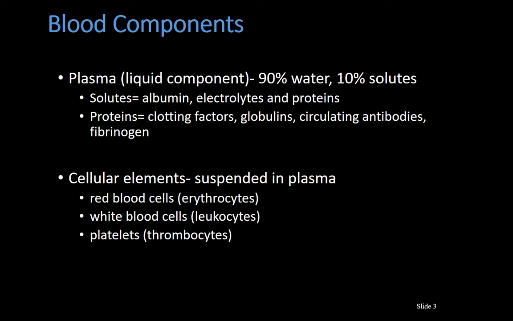When you have a decreased number of white blood cells, this is called leukopenia, and this can be caused by immune deficiencies or a deficient immune response, or sometimes in certain bone marrow disorders.